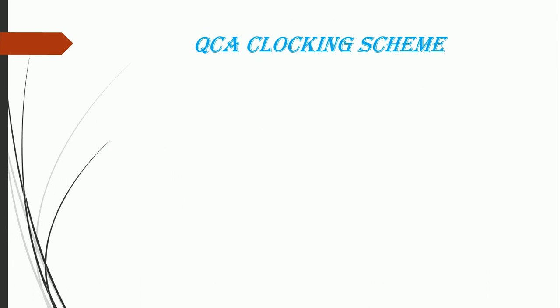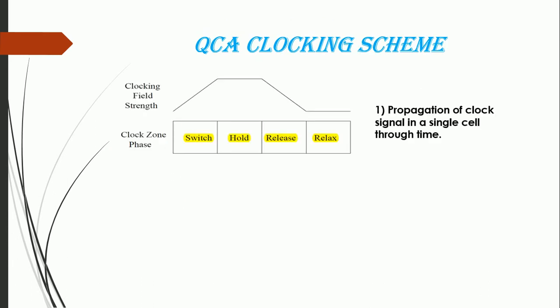Then moving on to QCA clocking schemes, we have 4 different phases of clocking. The first one is called the switching phase, where initially the cell gets polarized into one of its states, logic 1 or logic 0, and the hold phase, where it maintains its polarized state as logic 0 or logic 1.